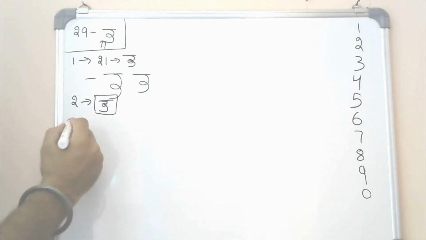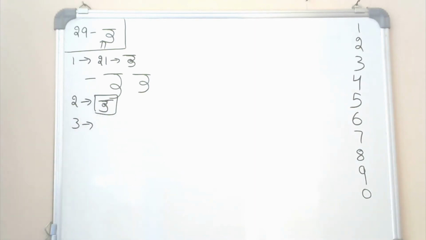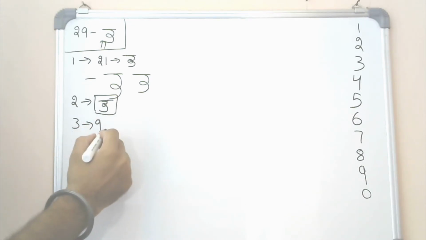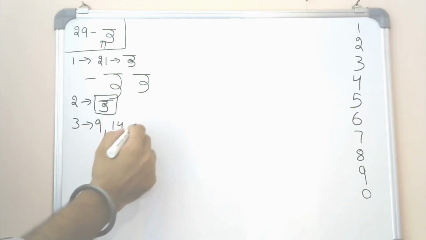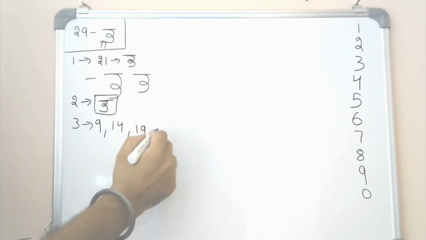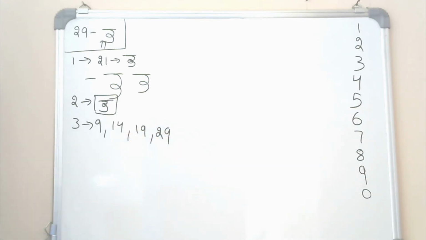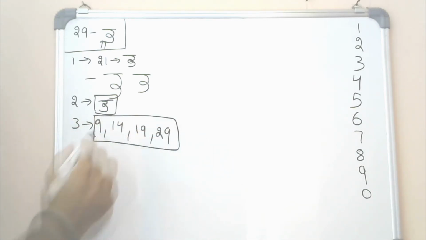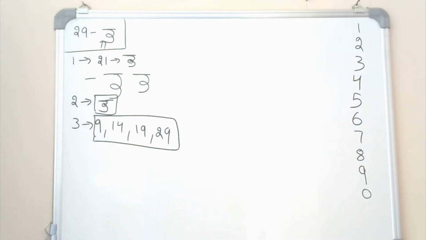Pronunciation of this letter is a little tricky. Remember, in the earlier lectures, we discussed that the 9th letter, 14th letter, 19th letter, 29th letter, they are very unique sounding letters. You will not find any word in English or Hindi where the sounds of these letters will be used.